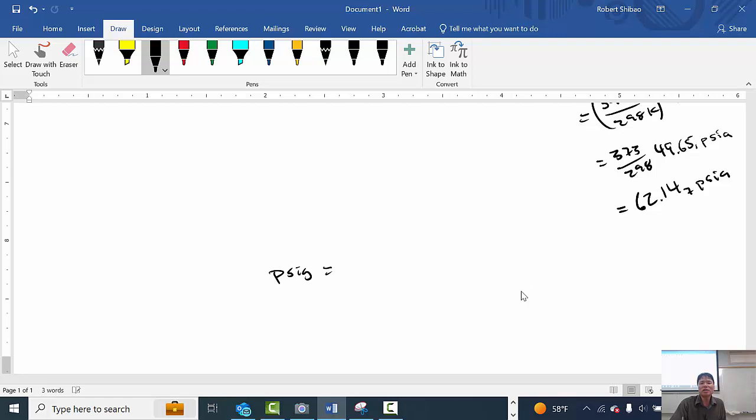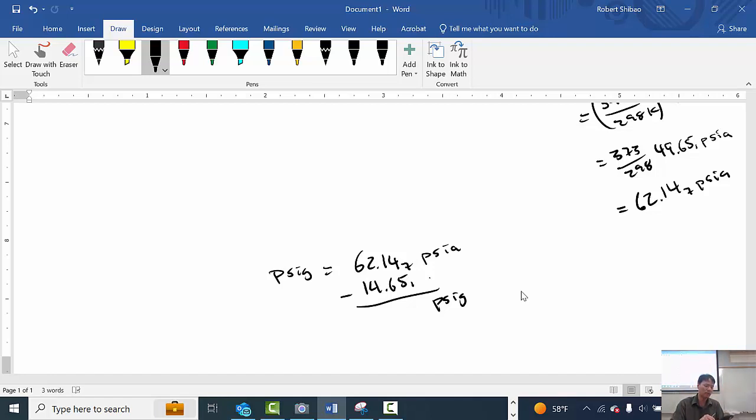And so this is PSIA. So if I want to calculate the PSIG, I do 62.147 minus the atmospheric pressure, which I calculated. This is slightly less. So this is PSIA minus the correction.